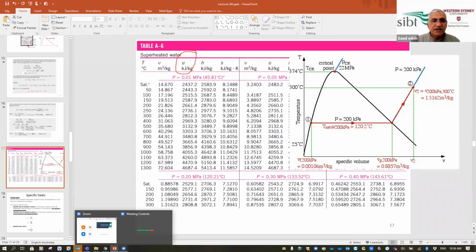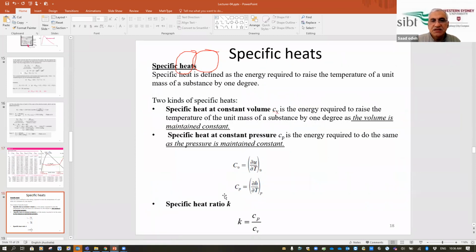But in case we don't have U values or H values, if we have moving particles or moving fluid, we can get these values from the ideal gas equation.